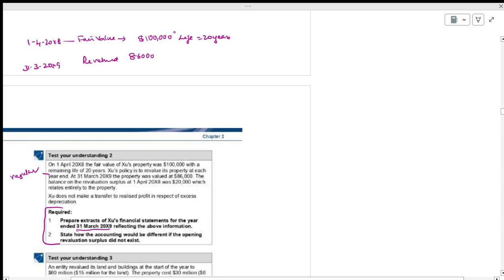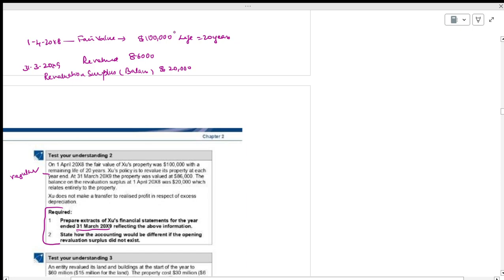There is already a revaluation surplus balance. How much is the balance? 20,000. And it is related to this property only.